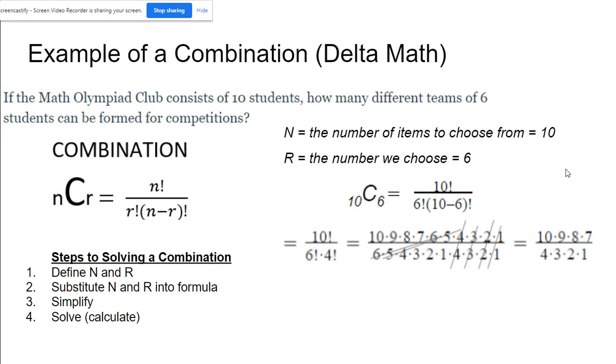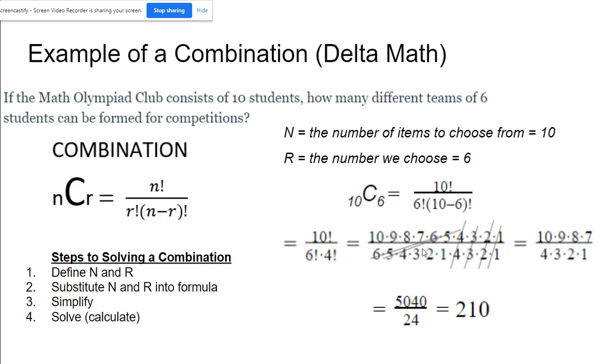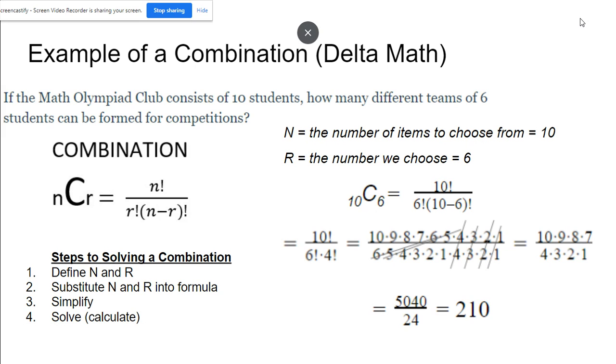To simplify that, there's a couple steps in there, but you want to write out the factorials and then cross out things that are going to eliminate each other. So you're left with 10 times 9 times 8 times 7 over 4 times 3 times 2 times 1. This simplifies to 5,040 over 24, which is 210.